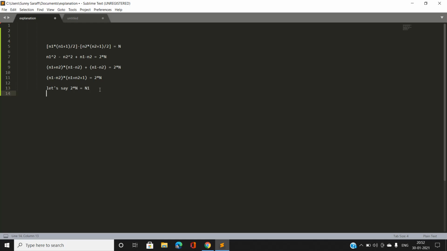We are going to factorize N1 into two factors such that N1 equals A into B. N1 can be represented as a product of two numbers, A into B, and you can also see that n1 minus n2 into n1 plus n2 plus 1 is also a representation of the value N1 as a product of two numbers. So how can we do this? We are going to find all divisors of N1.